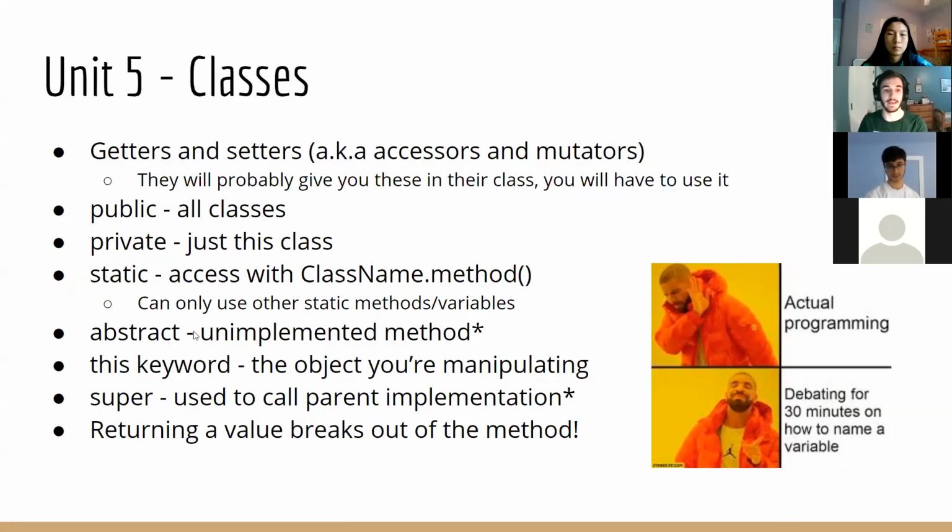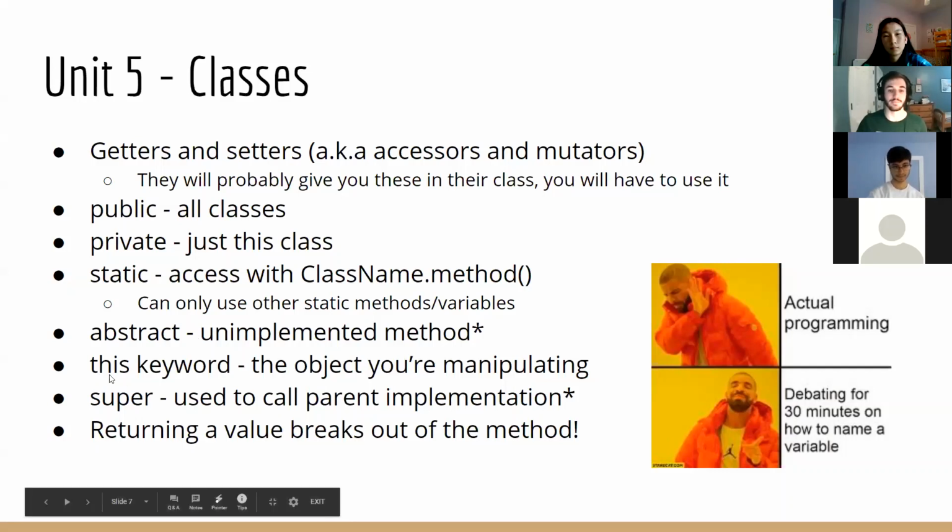So an abstract method is not something that can be called. When you're implementing a class that has an abstract method in it, you have to provide implementation before Java will let you compile it. Because it's mostly saying, here's a method that can exist, but we don't know what it does yet. You need to tell us what it does.